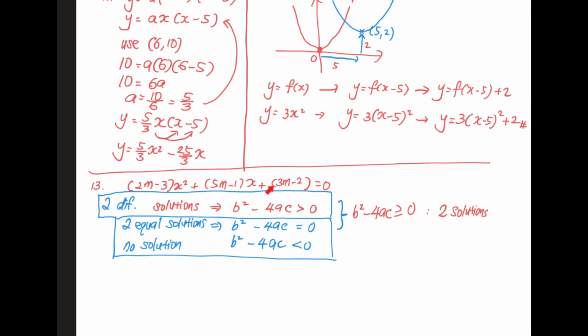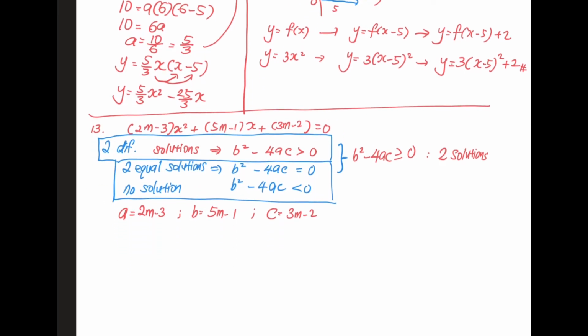Okay, so then we use the formula. How to use the formula? You have to see your A, your B, and your C. So A equal to 2m minus 3, B equal to 5m minus 1, C equal to 3m minus 2.